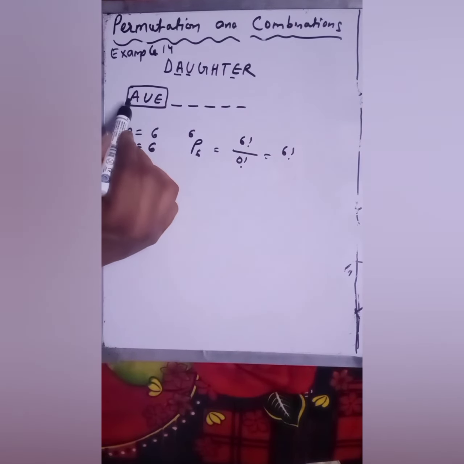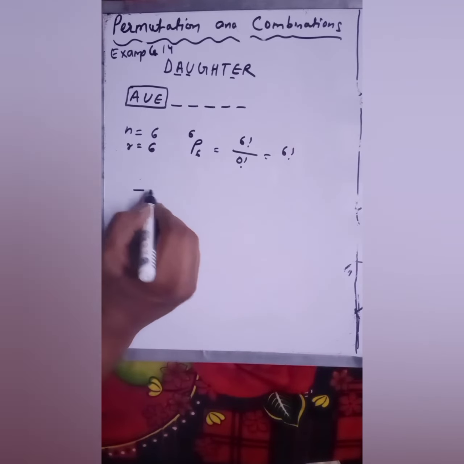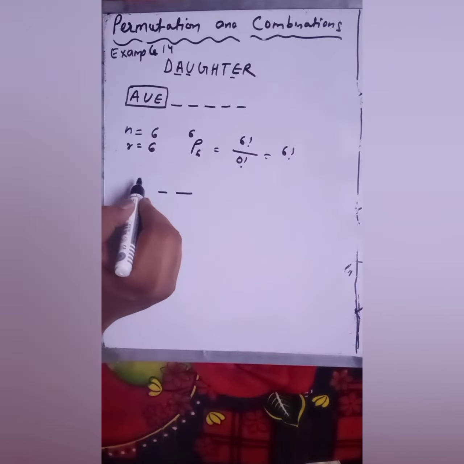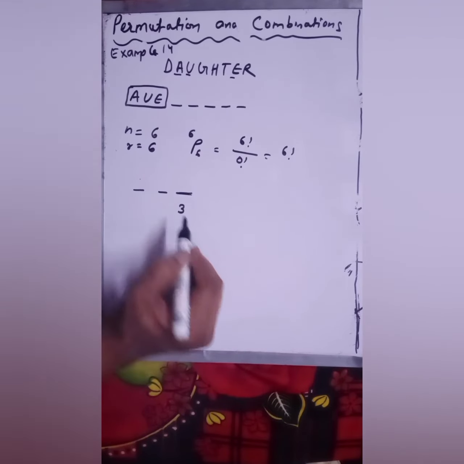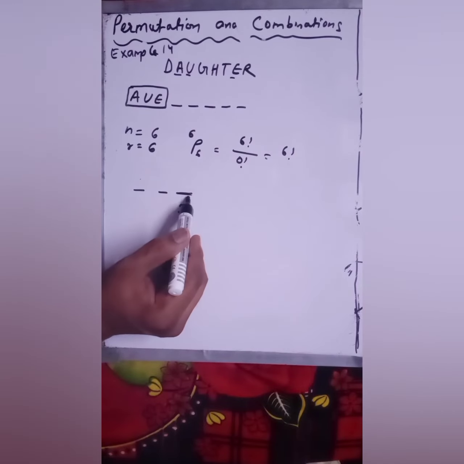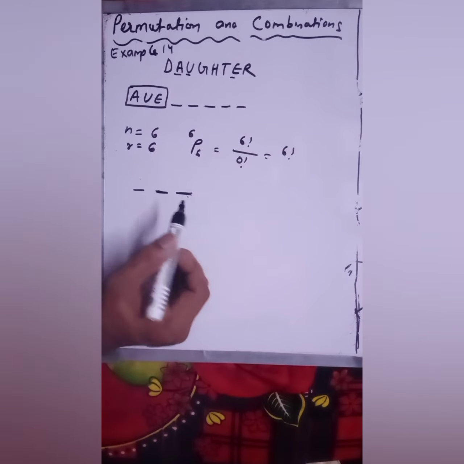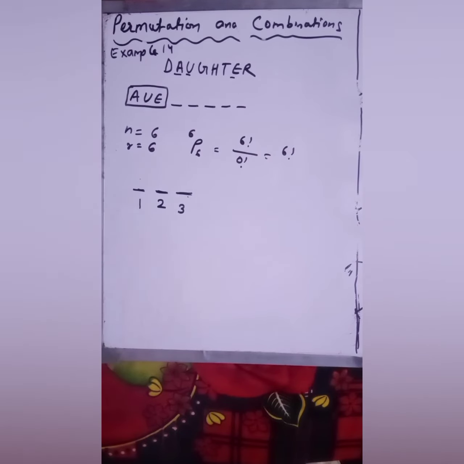Now we are talking about the vowels. There are 3 places. For this place you have 3 choices, A, U, E. You can fill any one of the vowels here. Fine. And for this there are 2 choices, and for this place there is 1 choice.